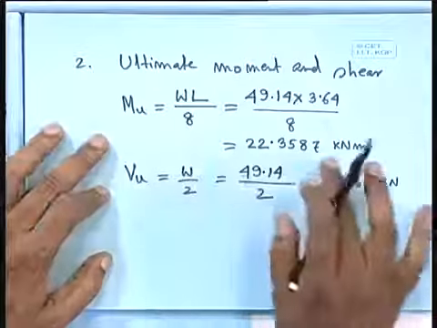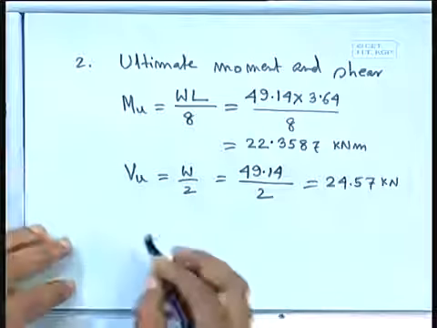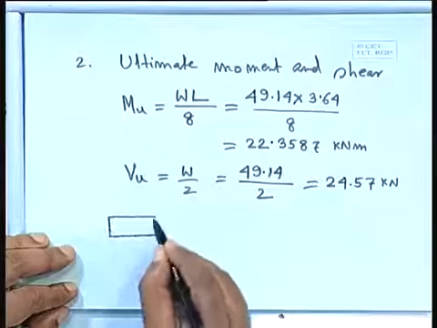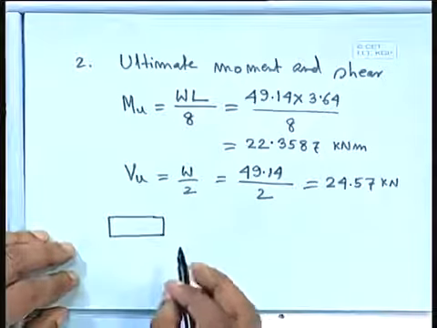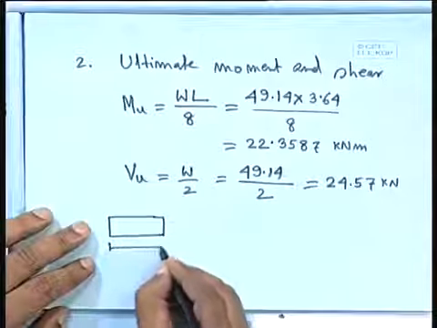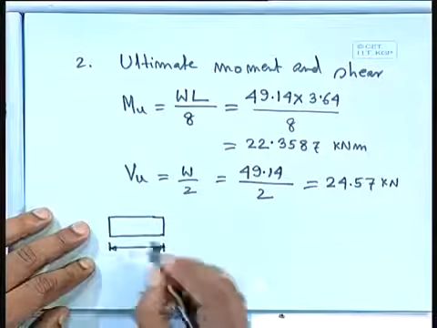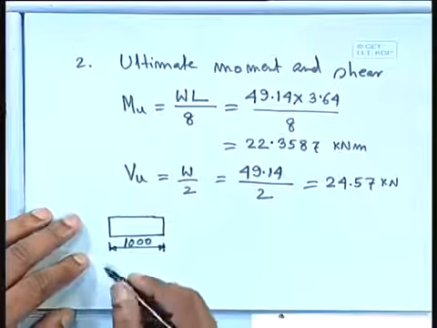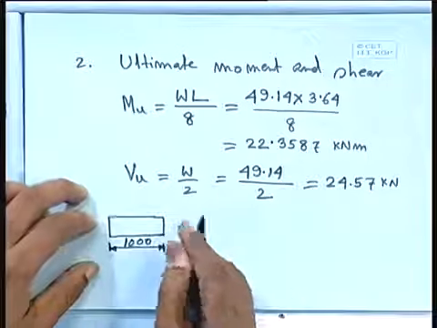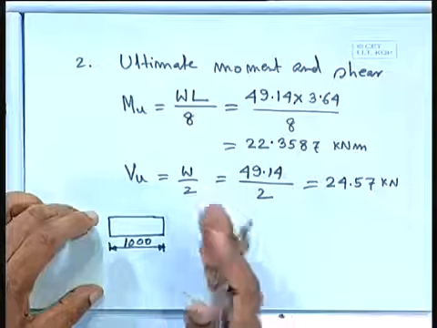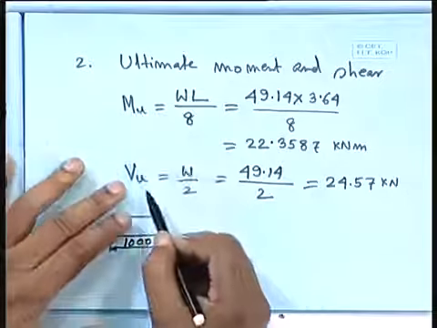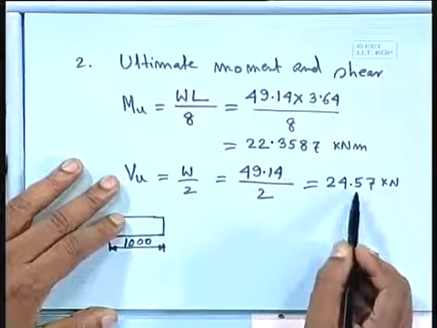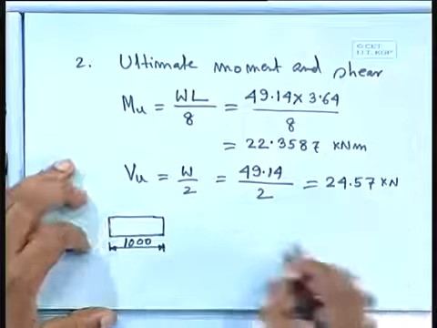Now, we know what we shall do. We shall take a rectangular beam, and we have the width 1000 millimeter. Then we shall solve this problem taking that MU and VU. We have to check whether the section is adequate and how to provide the reinforcement.